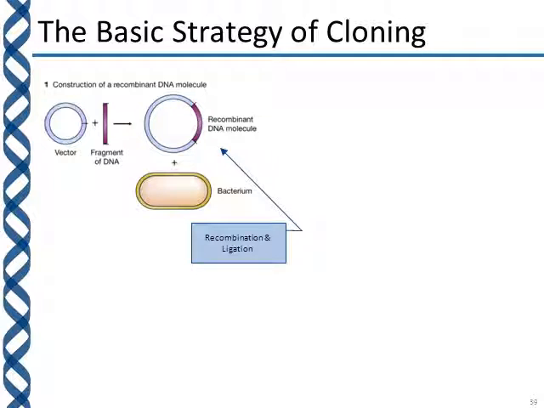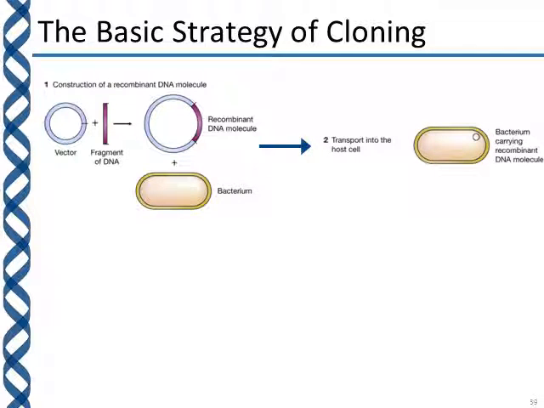These are combined based on what we talked about earlier with the sticky ends, the complementary sticky ends of these two based on the digestion by the restriction enzymes. These are then ligated and added to a bacterium.